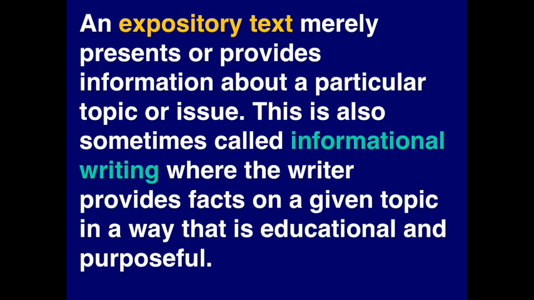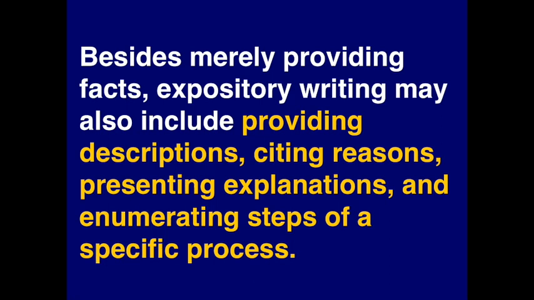This is also sometimes called informational writing, where the writer provides facts on a given topic in a way that is educational and purposeful. Besides merely providing facts, expository writing may also include providing descriptions, citing reasons, presenting explanations, and enumerating steps of a specific process.